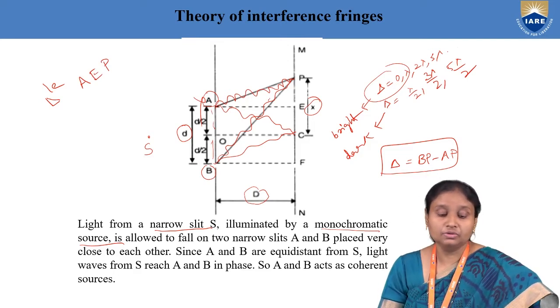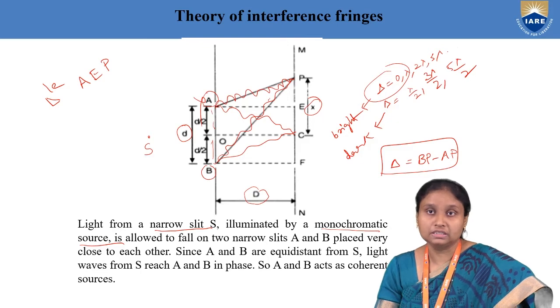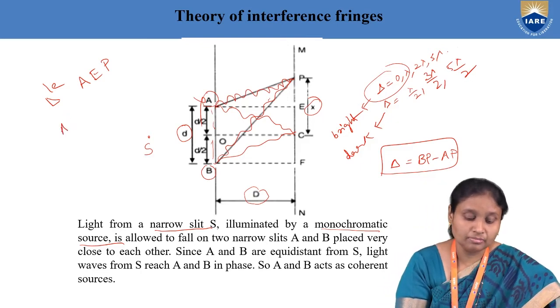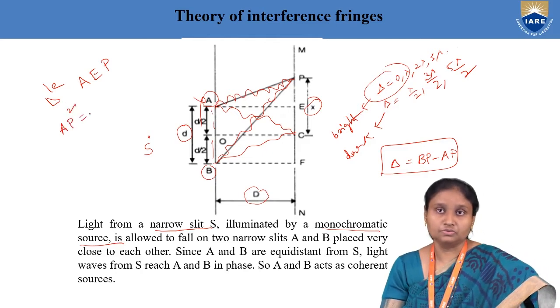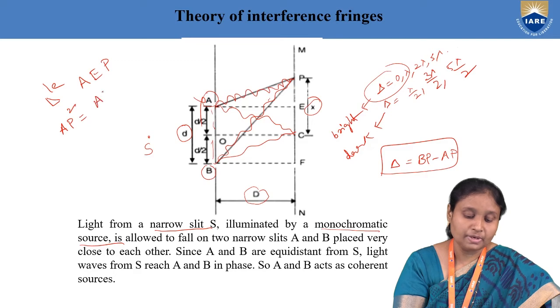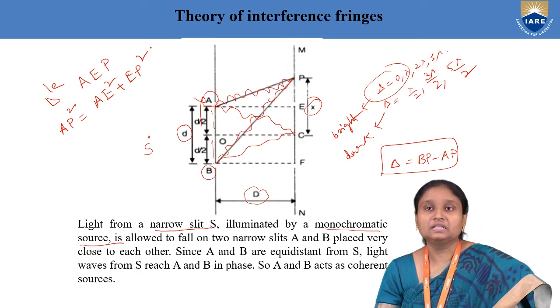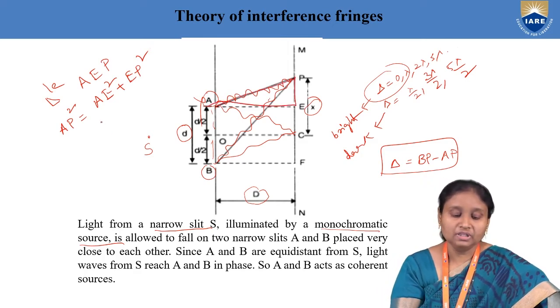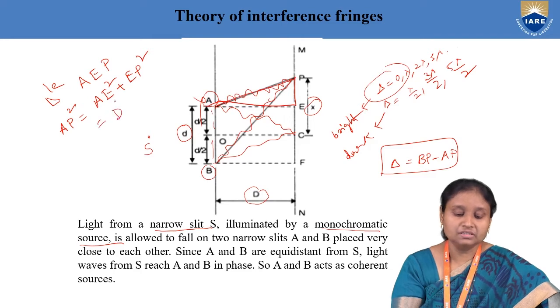From our Pythagoras theorem, we can write the square of the hypotenuse, AP square, is equal to AE square plus EP square. I am taking this triangle AEP, and we know that AE square is our capital D square.